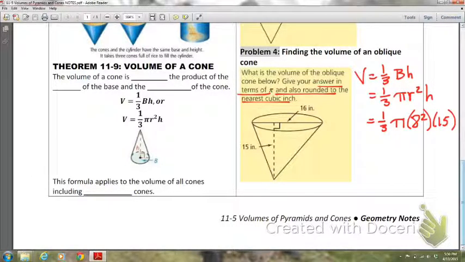So we're going to multiply this together and leave it in terms of pi first. Multiply 1/3 times 8 squared times 15, and you'll get 320 pi inches cubed. To round it to the nearest cubic inch, if you multiply 320 times pi, you'll get 1005 inches cubed.